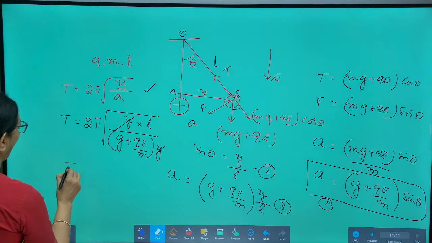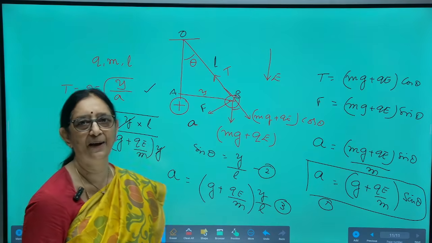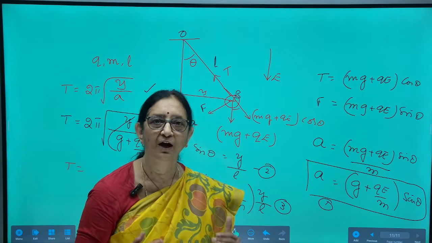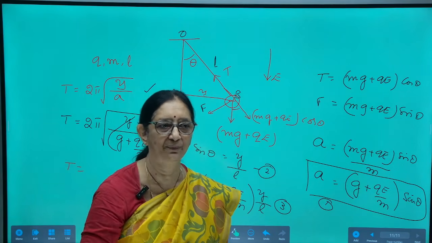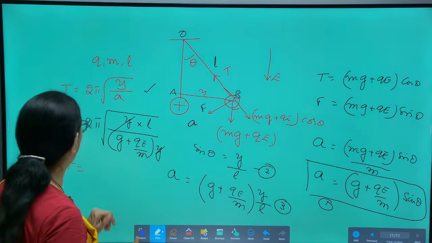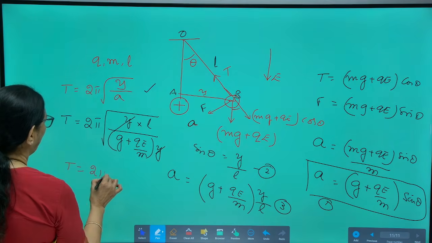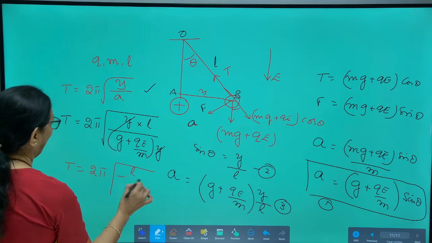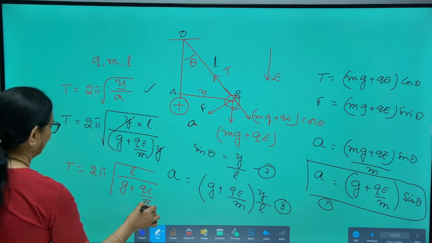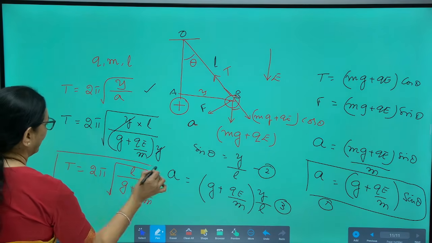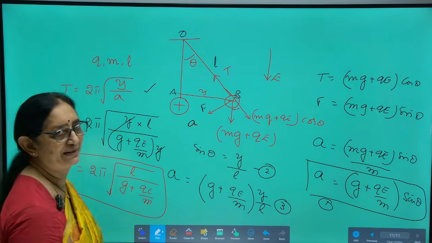Time period of oscillation of a simple pendulum with a charged bob oscillating in a uniform electric field acting in the vertically downward direction is given by 2 pi square root of L by (g plus QE by m), right. So, this is the proof for that.